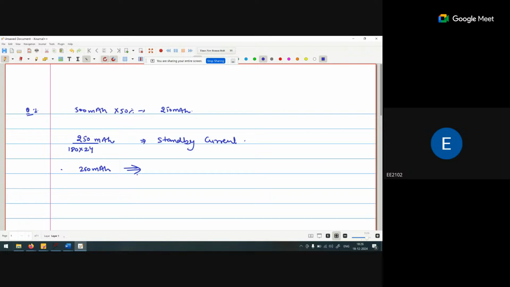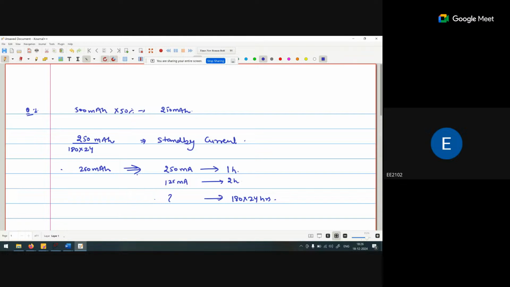That means if I require 250 milliampere current, the battery will last for 1 hour. If I require 125 milliampere current, the battery life is 2 hours. So how much current is required? The minimum current will be delivered by the battery if I have to work for 180 multiplied by 24 hours.